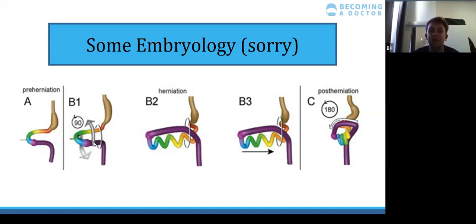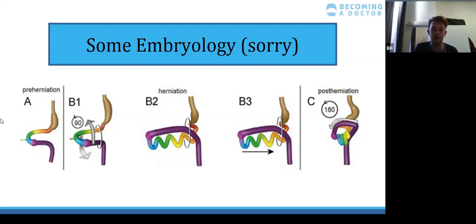What happens then is we get a series of rotations, so we can get from this straight tube with a bend to the formation that we're all well aware of. Firstly, the lower bit, the colon, will twist and come above the higher bit, the small intestine. That makes sense, because we all know the transverse colon is at the top and goes above the small intestine.